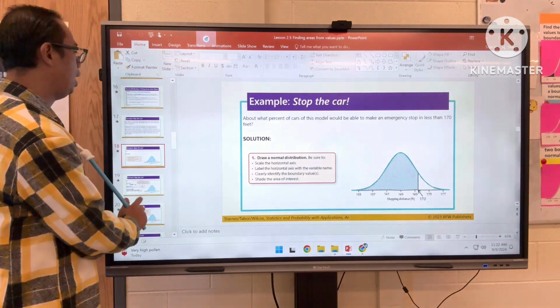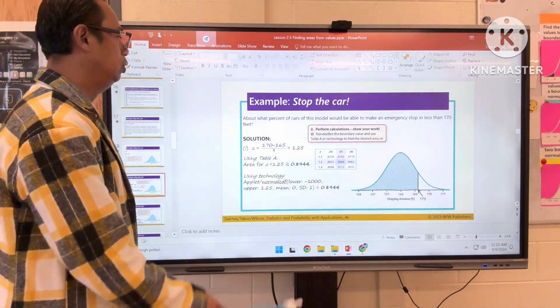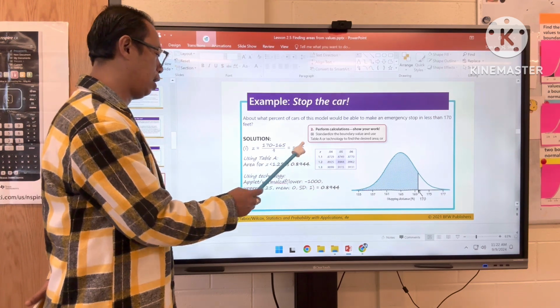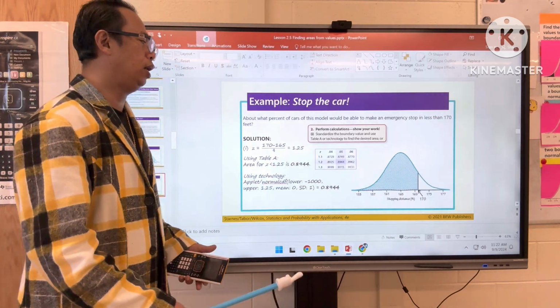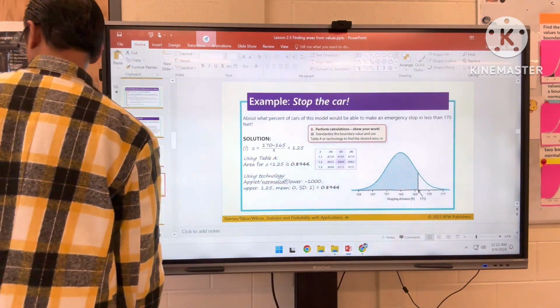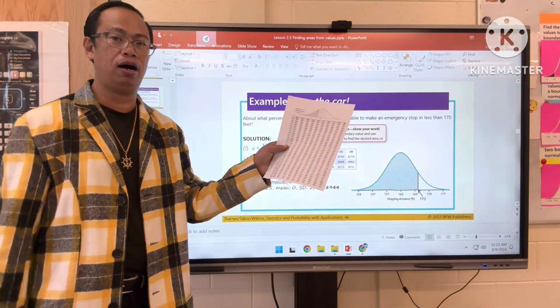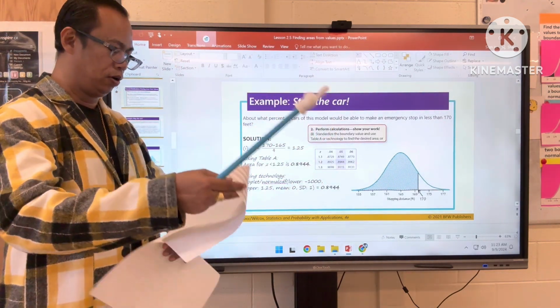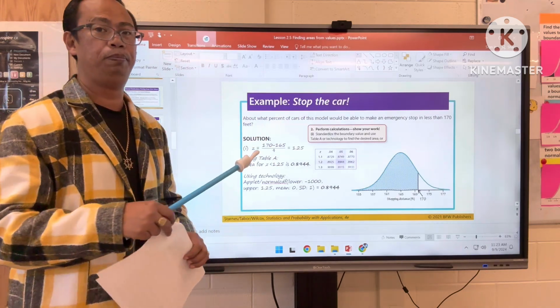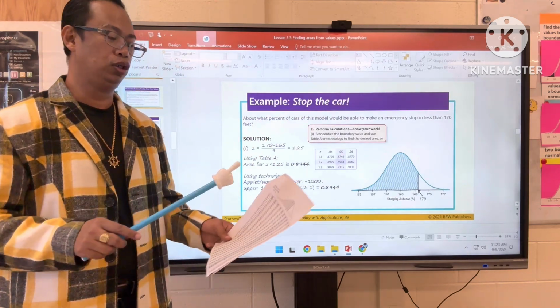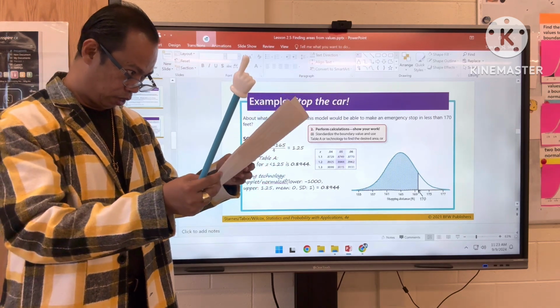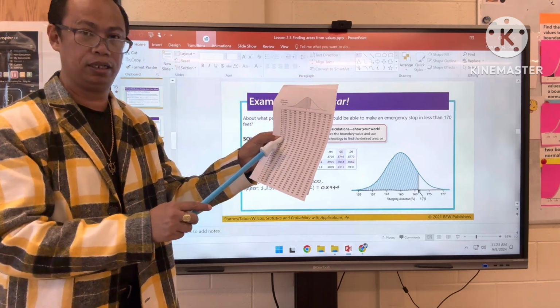The next step, we calculate it. We calculate the z-score, and the z-score is 1.25. Now, to get the area for 1.25, we get our table. So, I go to the table, positive 1.25. I go to positive 1.2, and it's approximately in the middle.